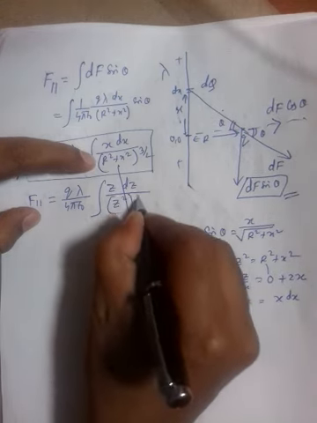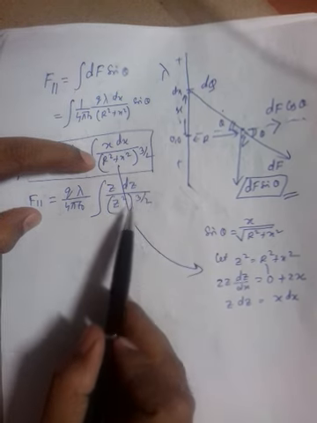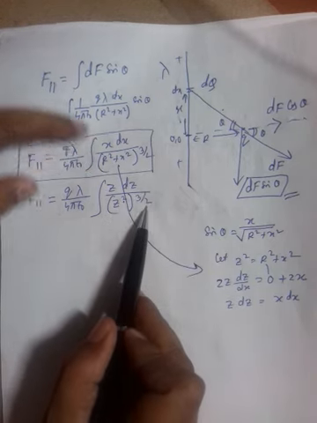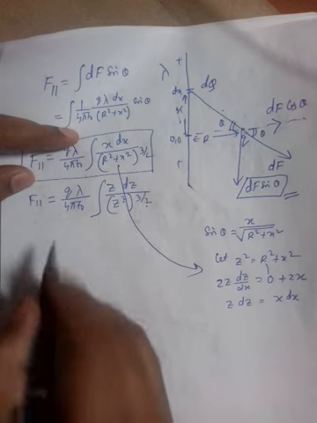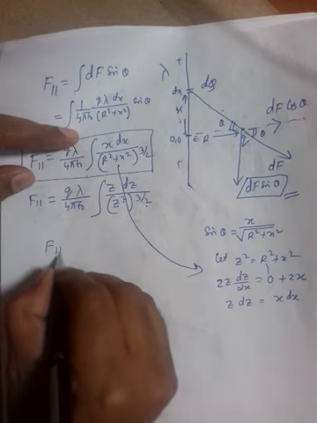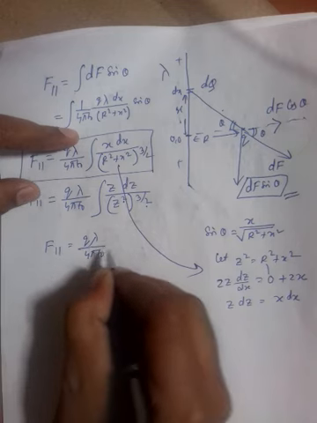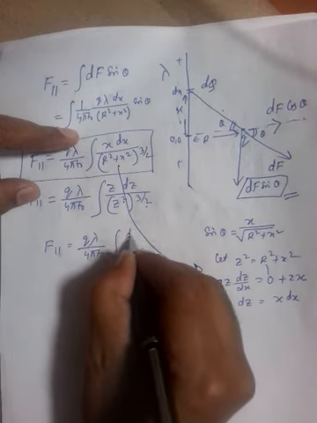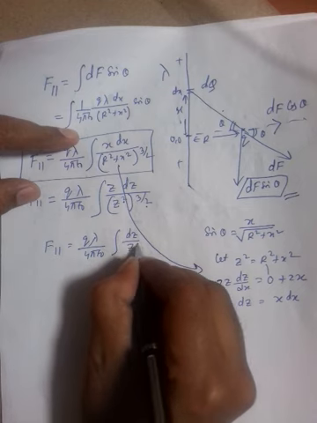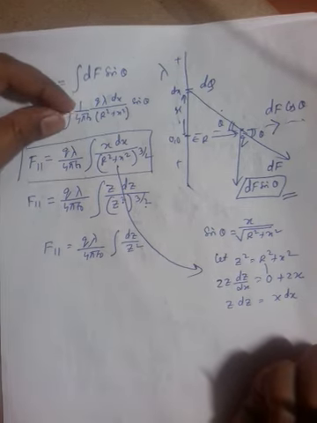Don't forget to write the power 3 by 2. So to the power 3 by 2 means this 2 and 3 by 2 combine, it is z cube. So force in the parallel direction is q lambda by 4 pi epsilon naught times the integration of dz by z square. I have no difficulty in that.